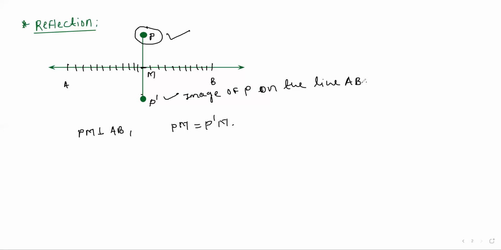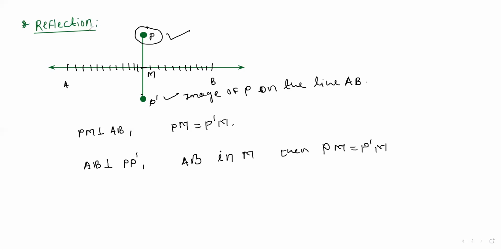In this way we can show that the image of a point P in line AB is a point P dash such that AB is perpendicular to PP dash, and if PP dash cuts AB at M, then PM is equal to P dash M. In this way we can show that point P has image P dash with respect to line AB.